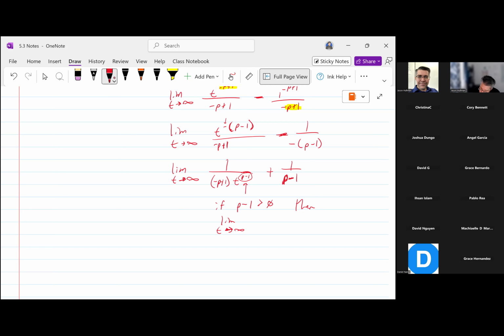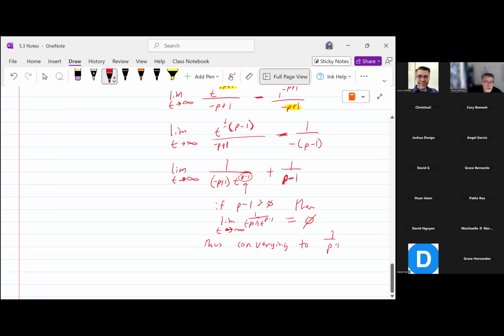And when I put infinity, I get 1 over infinity. Then this limit of 1 over negative p plus 1, t to the p minus 1, equals 0, and thus converging to 1 over p minus 1. So this converges to a value.